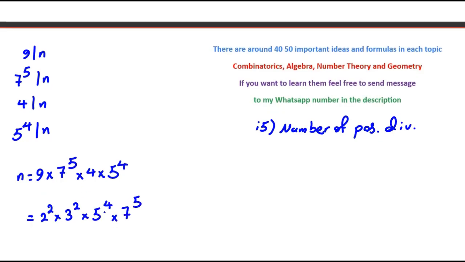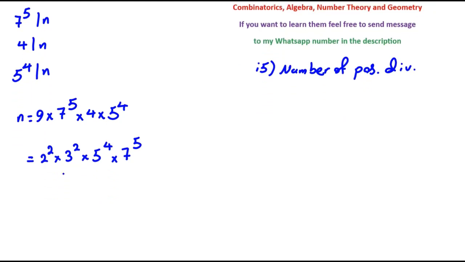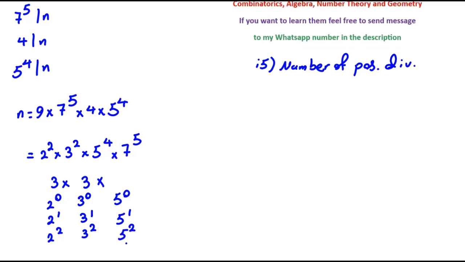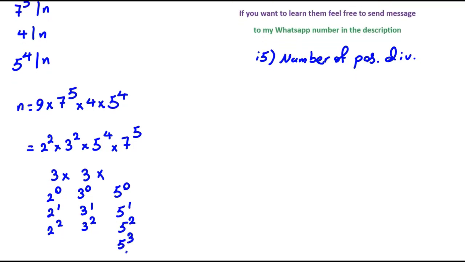If you want to find the divisors of that, the power of 2 in a divisor can be 2 to the 0, 2 to the 1, 2 squared. 3 cases. For the power of 3, 3 to the 0, 3 to the 1, 3 squared. 3 cases. For the power of 5, it will be 5 to the 0, 5 to the 1, 5 squared, 5 cubed, 5 to the 4. So how many cases? 5 cases.